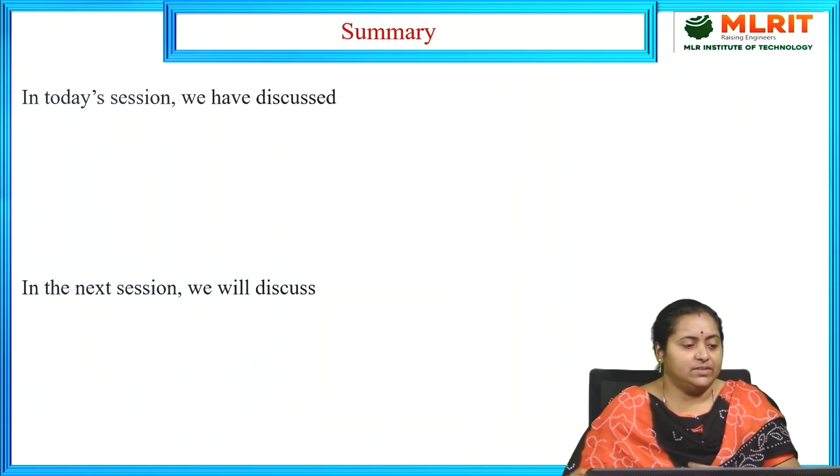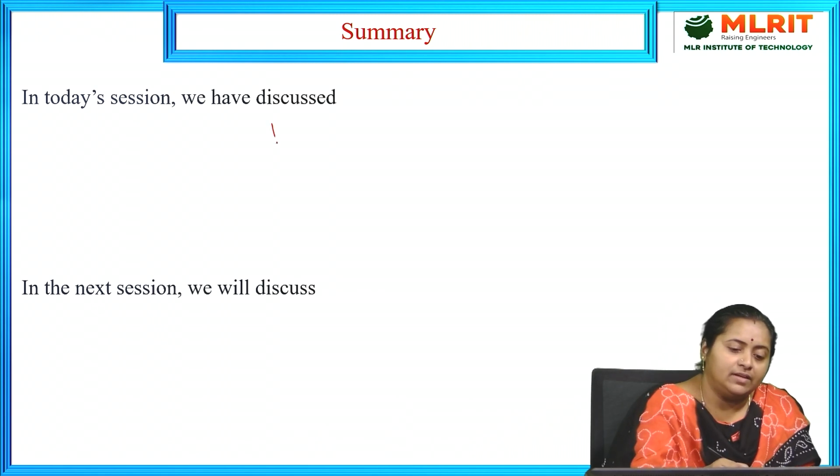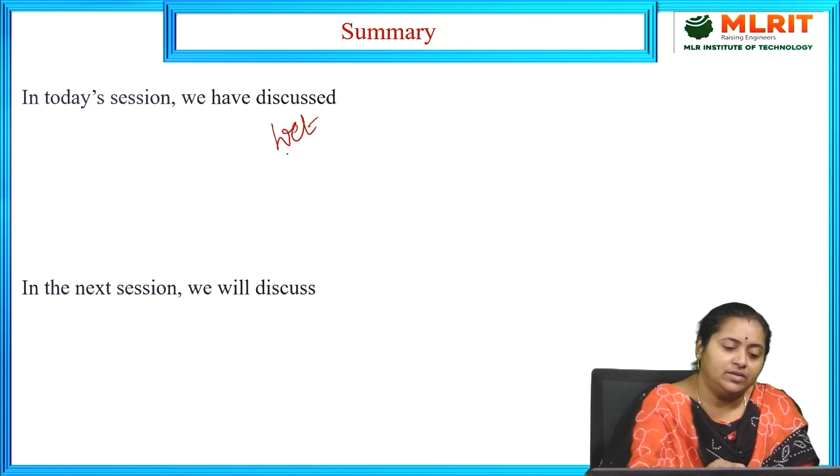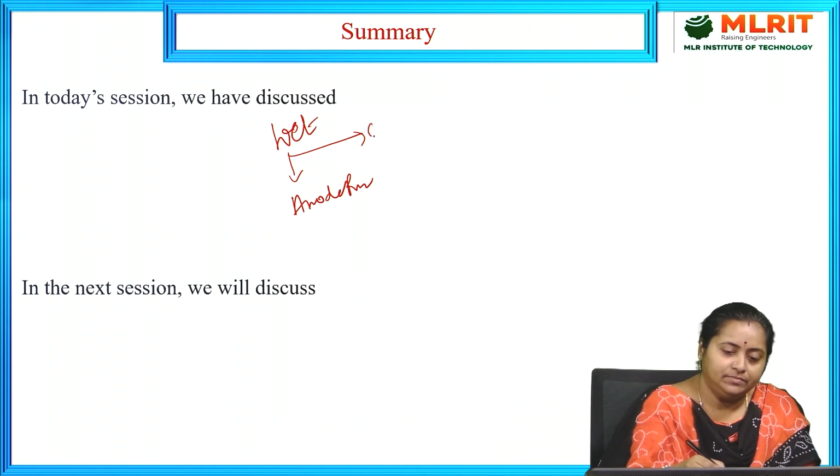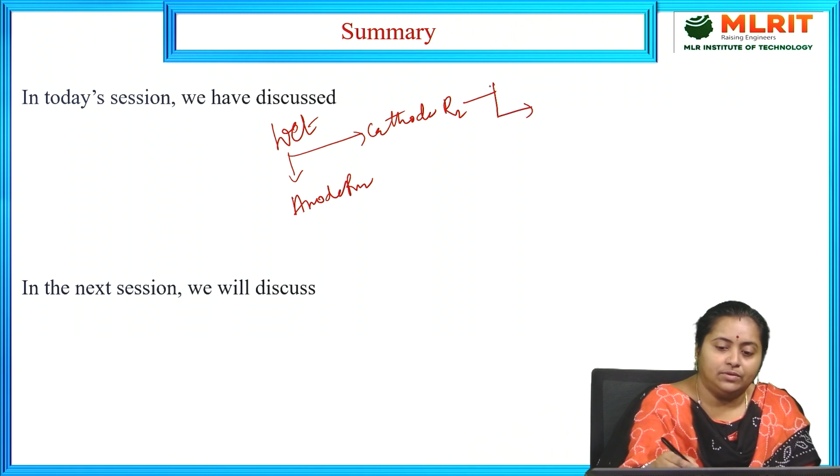In today's session, so far we have completed discussing the mechanism of the wet theory of corrosion, in which the anode reaction is common, whereas the cathode reaction occurs in two different ways.